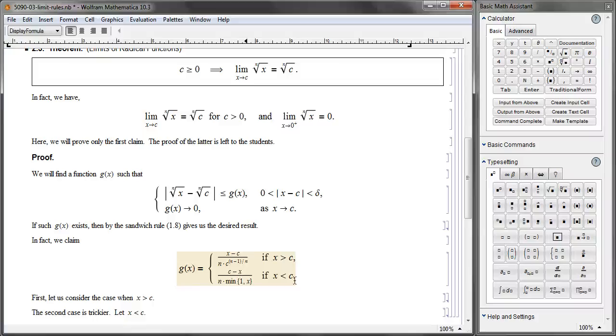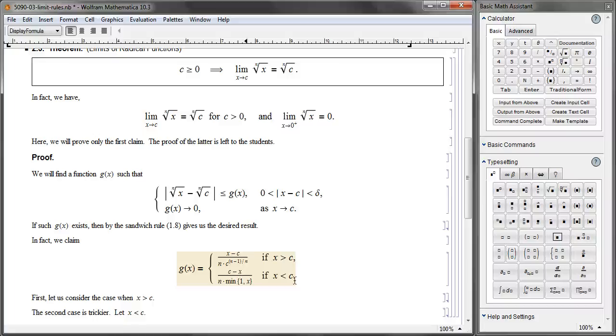But when x is really small, then you have to select x. But that's okay because x is going to get very, very close to c, and consequently this limit will approach c minus c over n times c, and that's going to go to 0.